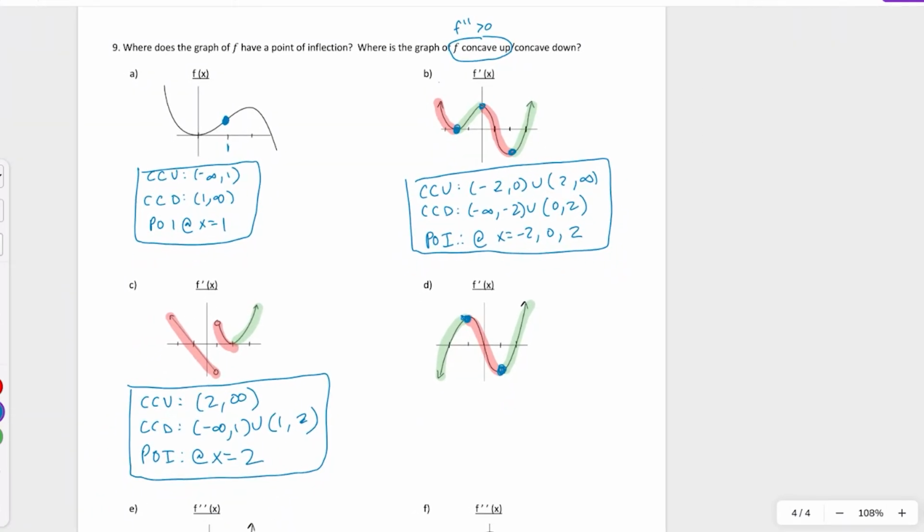So f is concave up between negative infinity and negative 1, but also between 1 and infinity. It'll be concave down between negative 1 and 1. Uh-oh, I think I left off a negative there. Yeah, negative 1 and 1. And our points of inflection are going to be at x equals negative 1 and x equals positive 1.